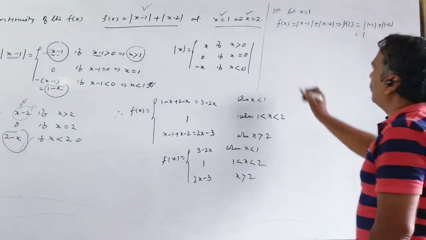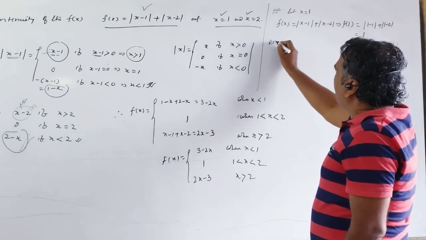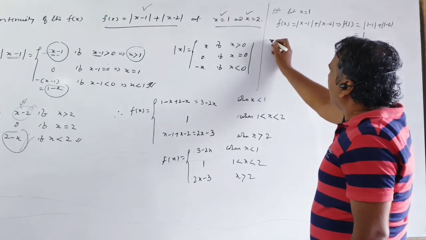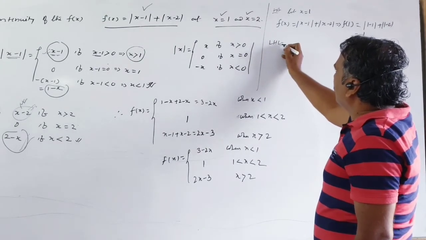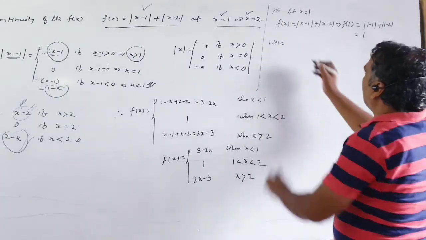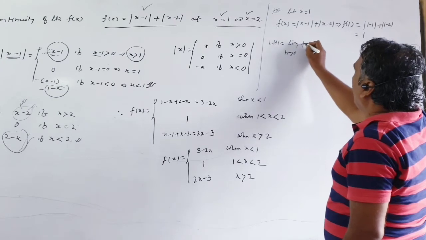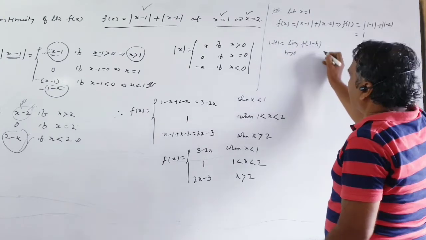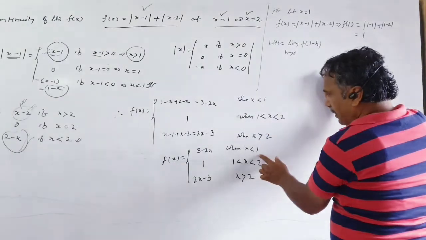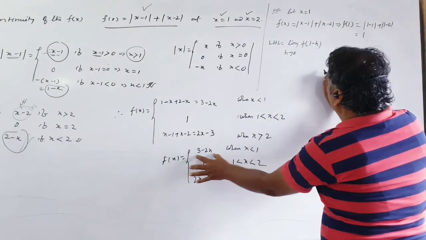Okay, now first the left hand limit, or you can write right hand limit. Left hand limit, less than 1. What is the formula? Write the formula. Limit x tends to 0, f of 1 minus x, less than 1. Less than 1 means use this one.